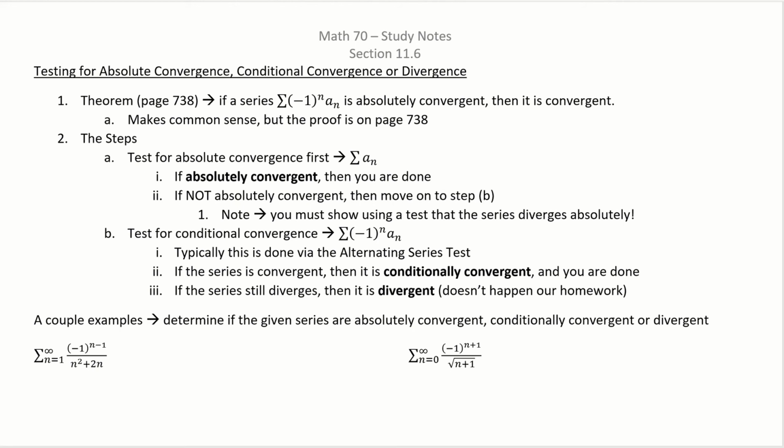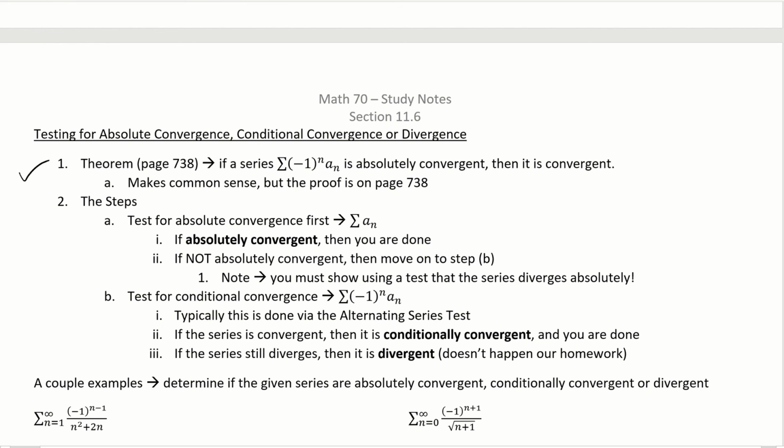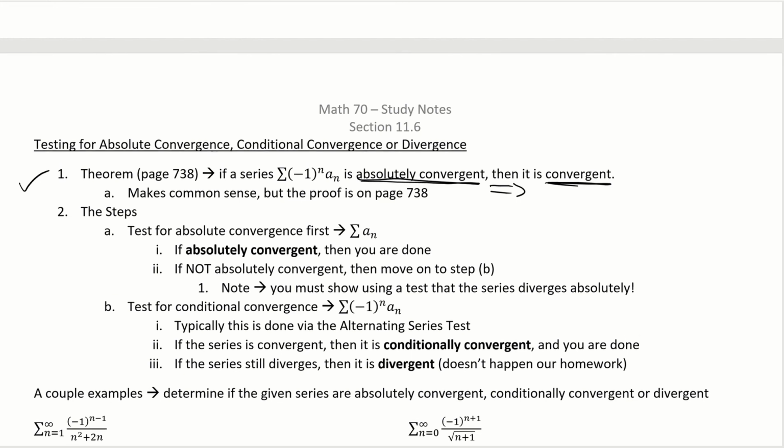Here's a big theorem. It's on page 738, and it says the following. It's heavy duty. If a series is absolutely convergent, then it is convergent naturally. If it converges absolutely, then it converges naturally. I don't prove it.